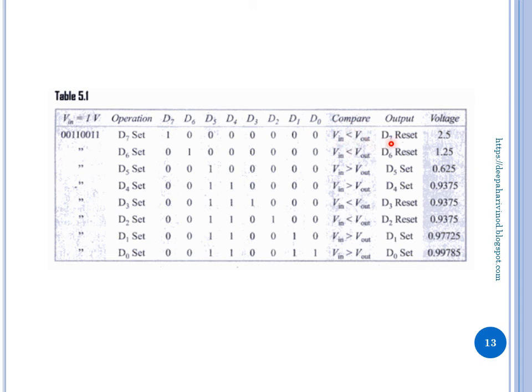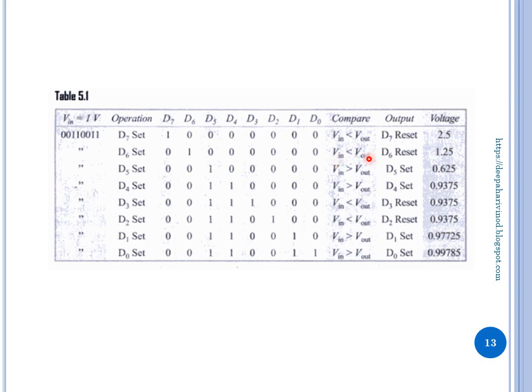Vin is less than Vout, so D7 will be reset, then the output voltage is 2.5. Next, D6 is set. So here again the comparator compares and the output voltage is 1.25.